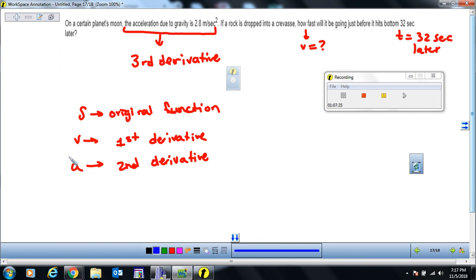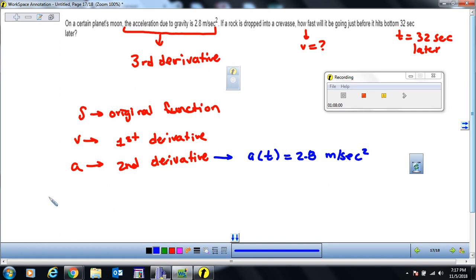So we know this is a of t equals 2.8 meters per second squared.